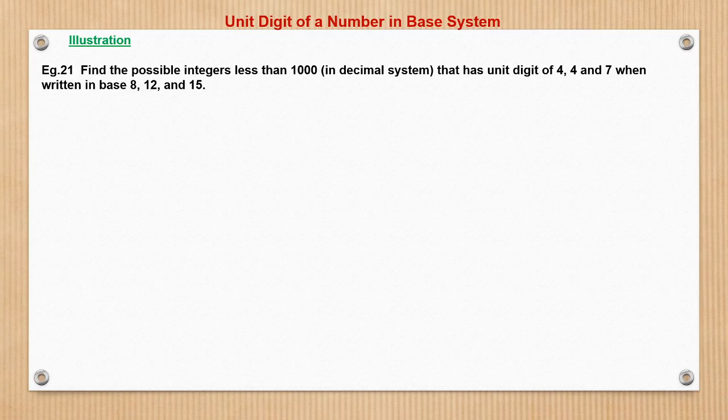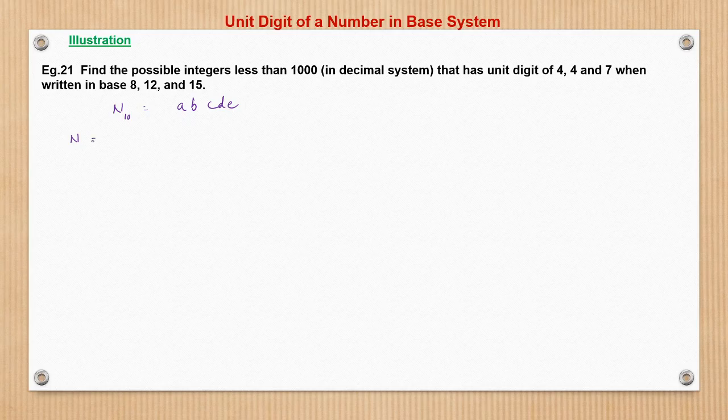Now a similar problem: find the possible integers less than 1000 in decimal system that have unit digits of 4, 4 and 7 when written in base 8, 12 and 15. So again here n in base 10 is any general number, right? In base 8 it gives a unit digit of 4.